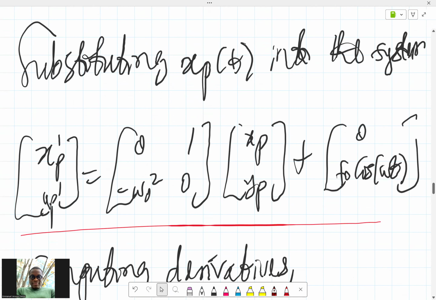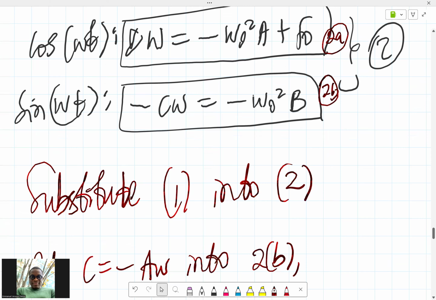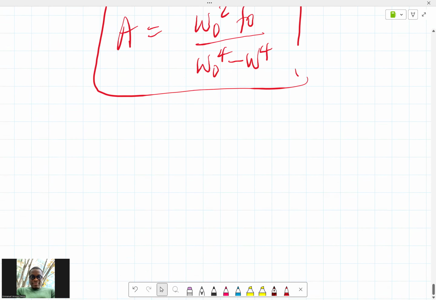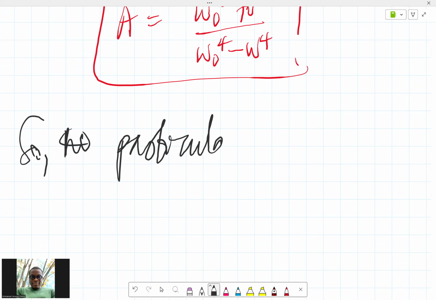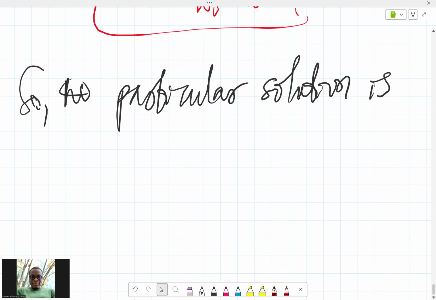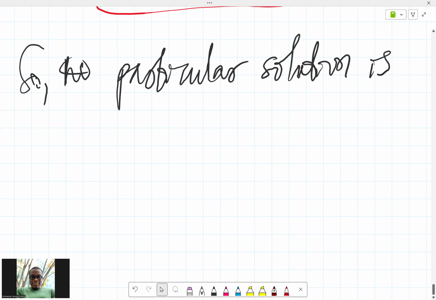Okay, so we can say therefore, the particular solution is xp of t, which is in two folds now.